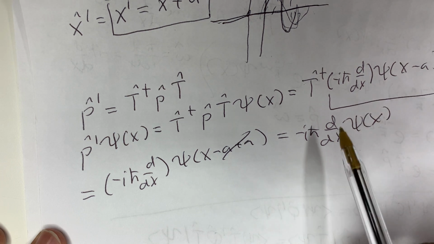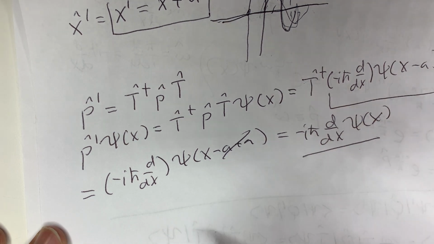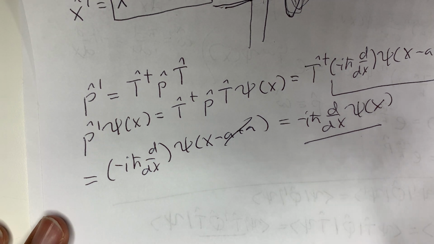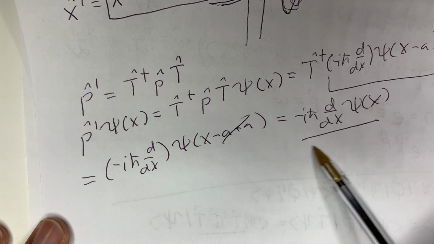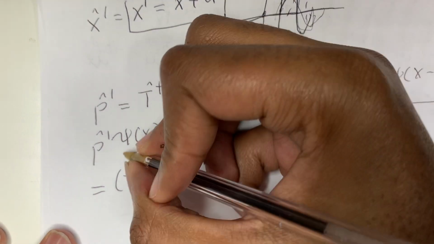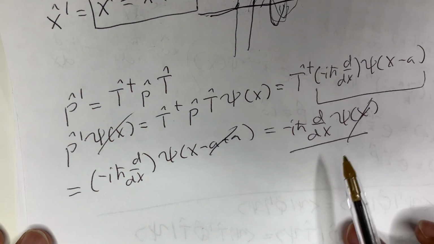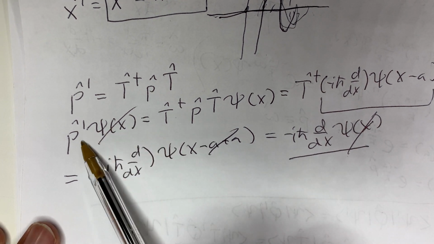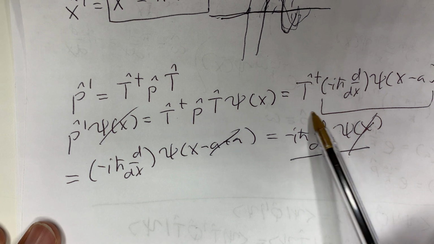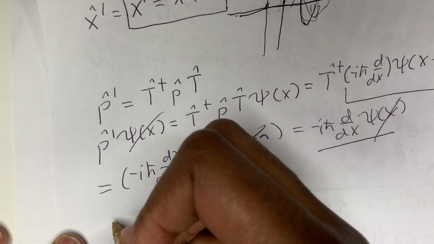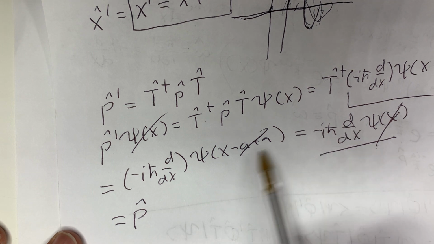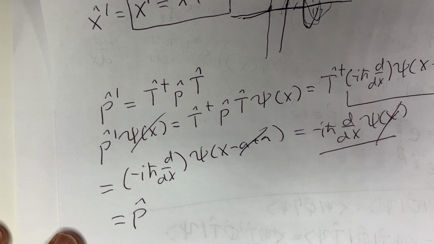And we notice that this is actually the momentum operator. We cancel out the psi of x's, and we find that the translated momentum operator is just the momentum operator, because minus i h bar d over dx is the momentum operator as we found out before.